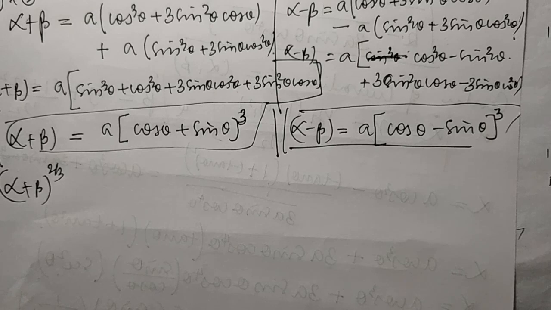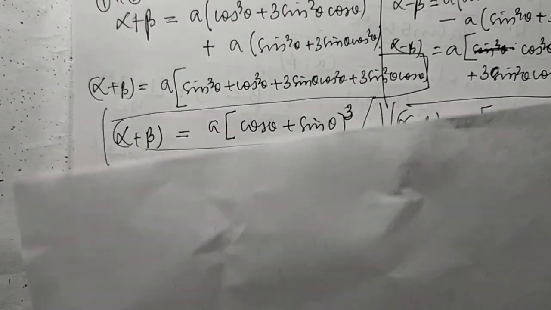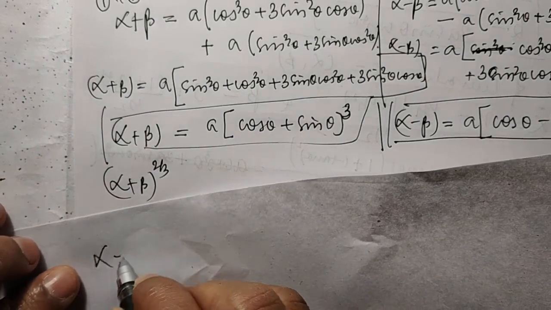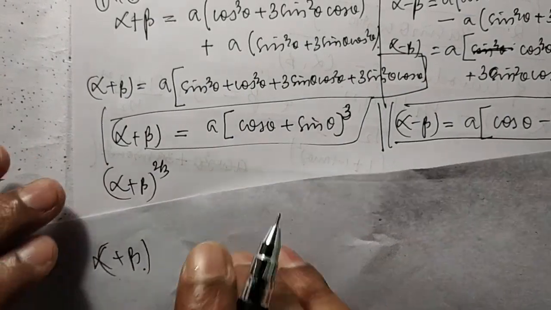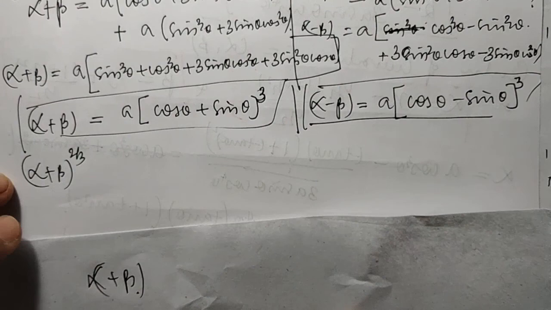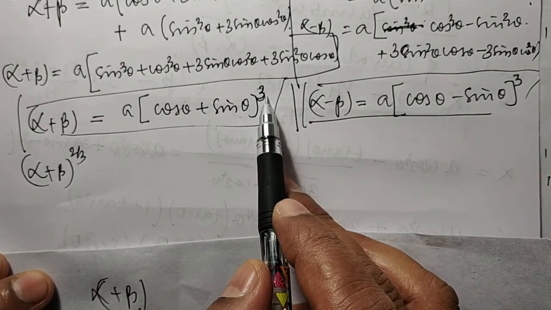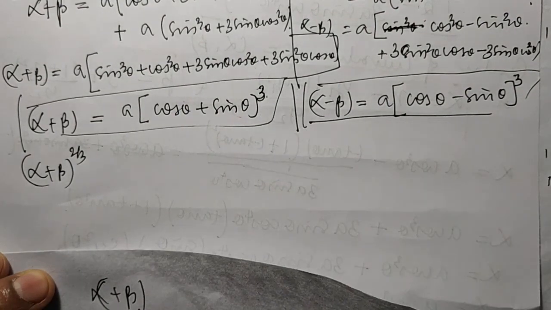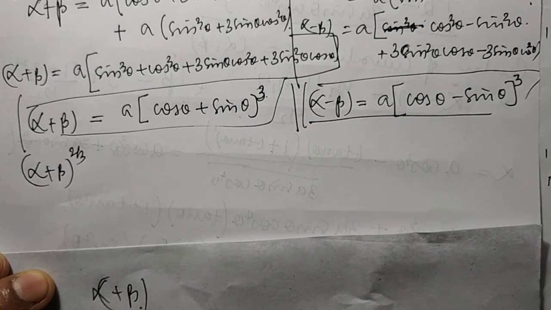What best can be done? It will be equal to square. When we take this, we can see here, when this power is used, alpha plus beta raised to 2 by 3, then automatically this cube will get cancelled.